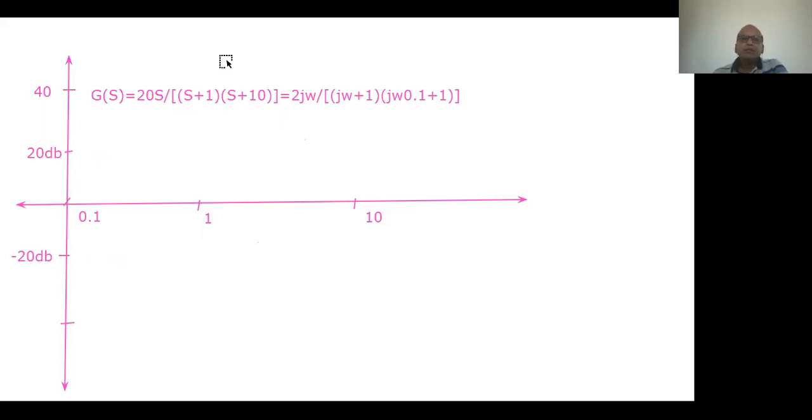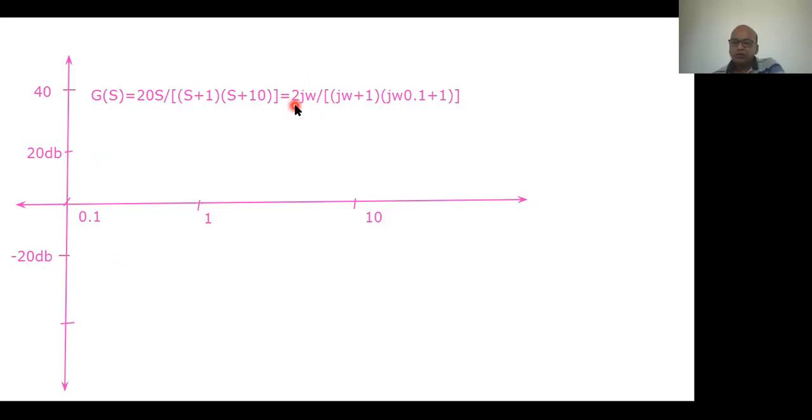Okay. Then we see here the 2 into the geometry. The magnitude of this 2 is equal to 6 dB. I think this is 20 log 2 to the base 10, that is plus 6 dB.